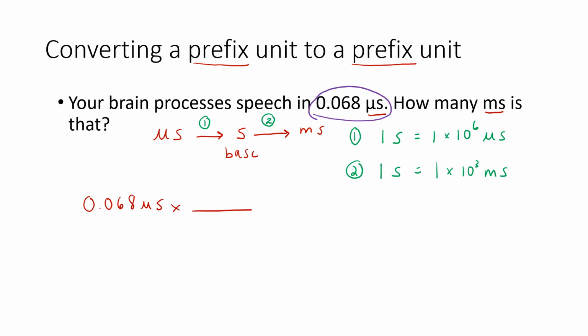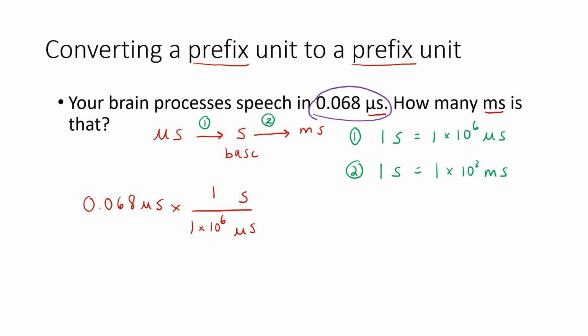And what are we going to want to do? We're going to first want to go from microseconds to seconds. So in the denominator, we're going to put microseconds. In the numerator, we're going to put seconds. We just wrote a conversion between those two. We know that 1 second is equivalent to 1 times 10 to the positive 6th microseconds.